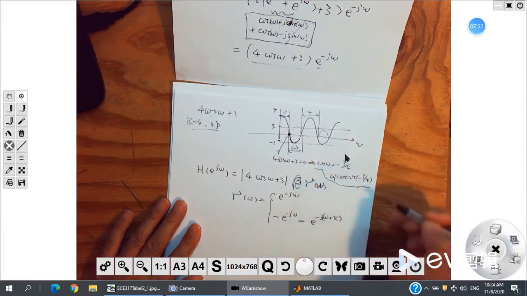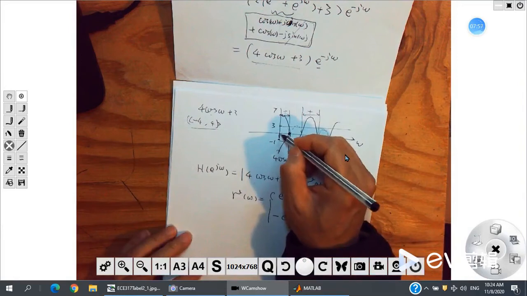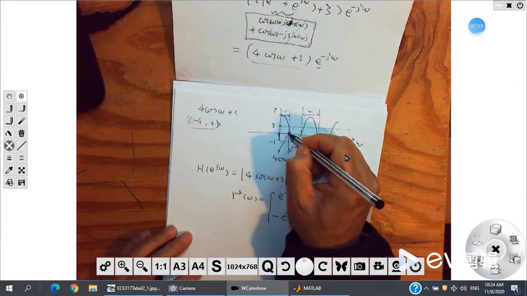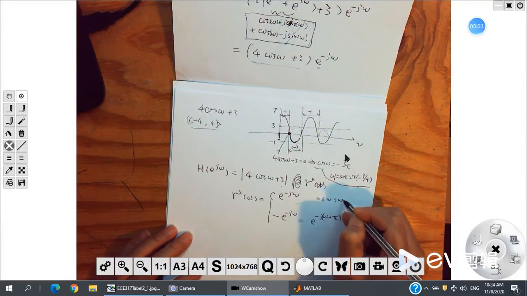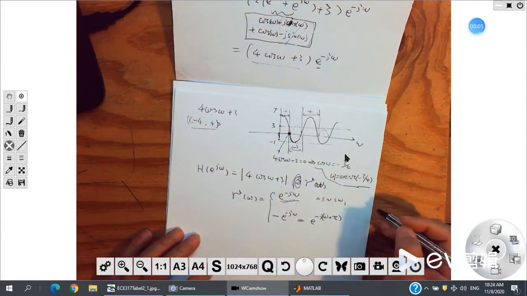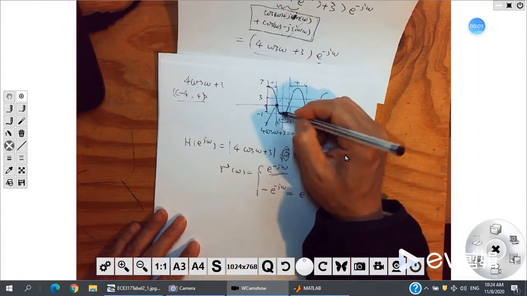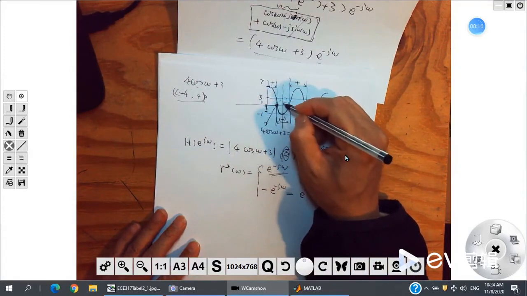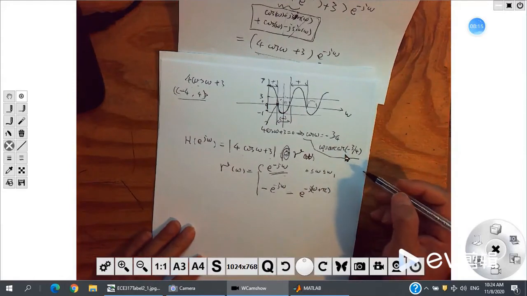Omega 1. Then from 0 to omega 1, we have this. And from omega 1 to pi, actually, we only consider 0 to pi. All the rest will be a periodic repeat of this part.